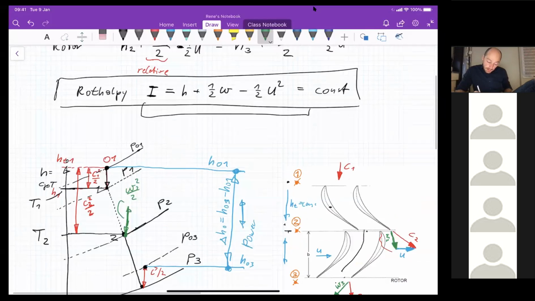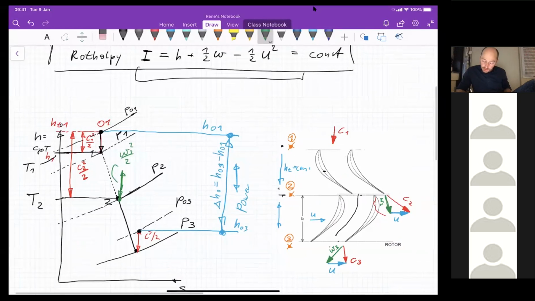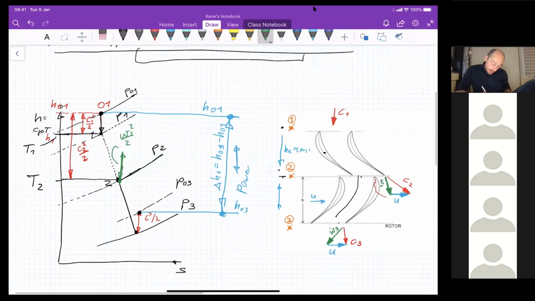Since my blade speed at the inlet of the rotor is the same as the blade speed at the outlet of the rotor, this is 2 and this is 3, the blade speed is not changing. We said we are along a constant radius, and this can drop out, so I don't need to worry about that stuff here. And then I have a line here, which is I equals constant. And then I can draw the point here, so this line here, and then this velocity here.